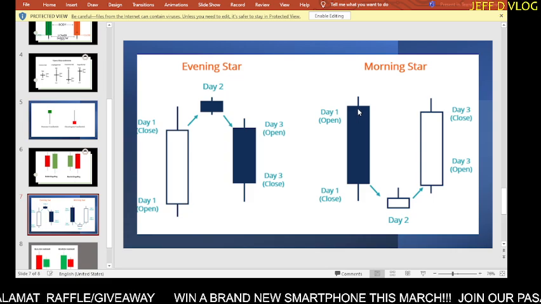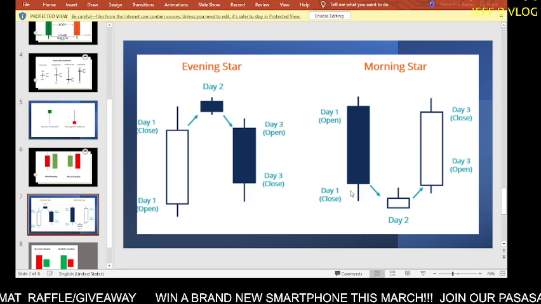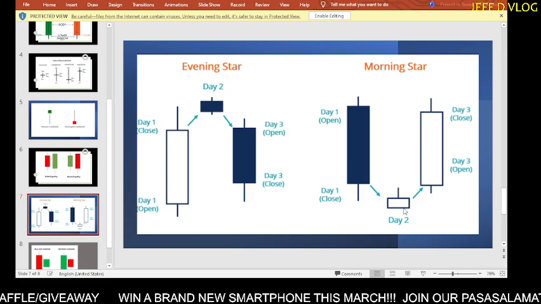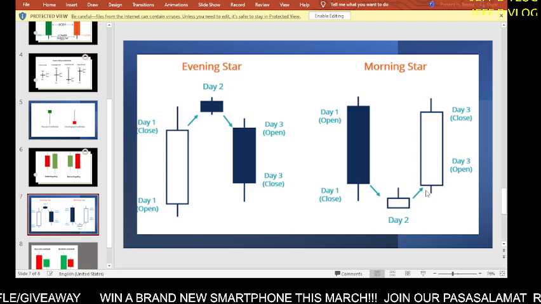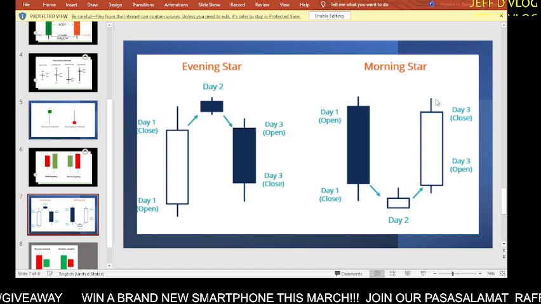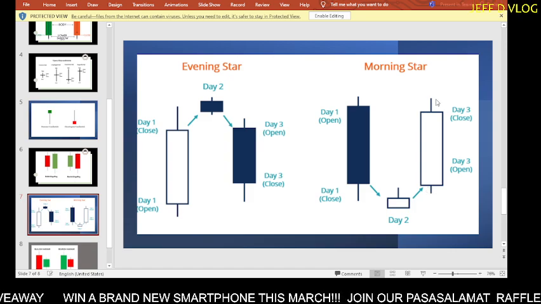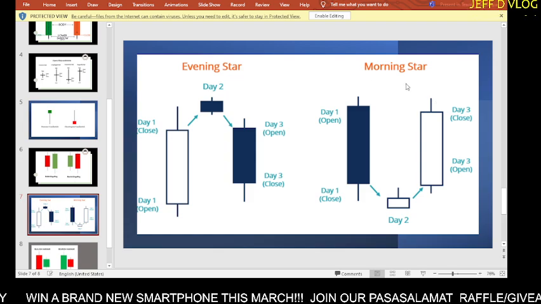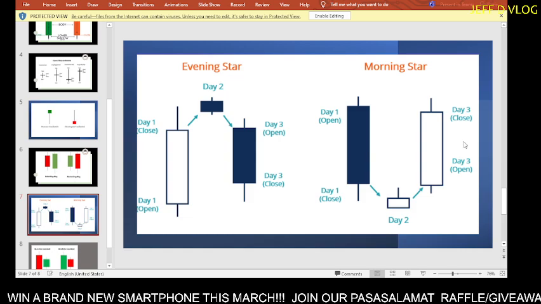Let's say it opens at 0.35, it closes at 0.30. In day 2, it will become smaller like this, and in day 3, it goes back up. So it's like a circular shape, but without the upper part, just like a U or V.